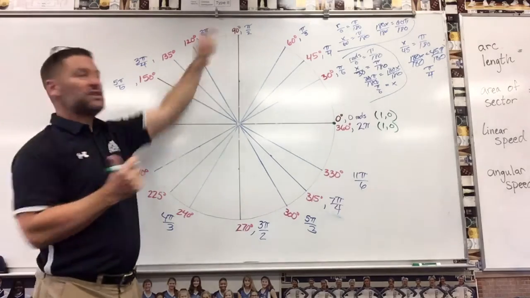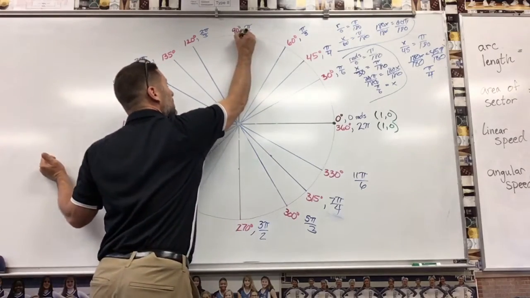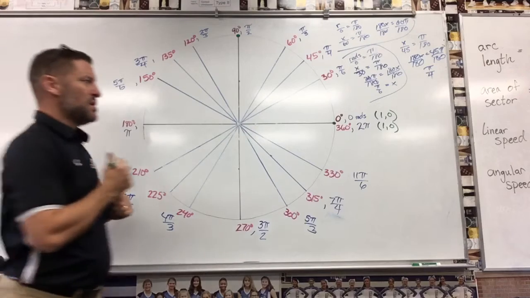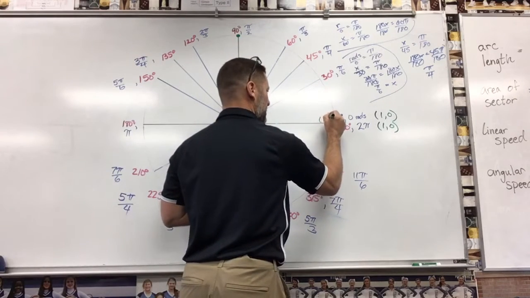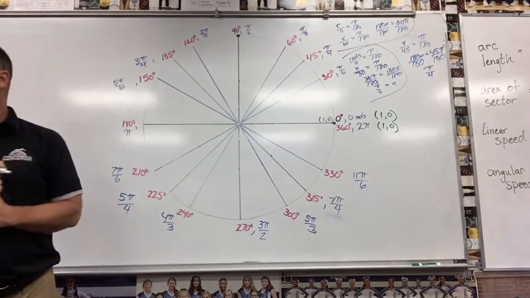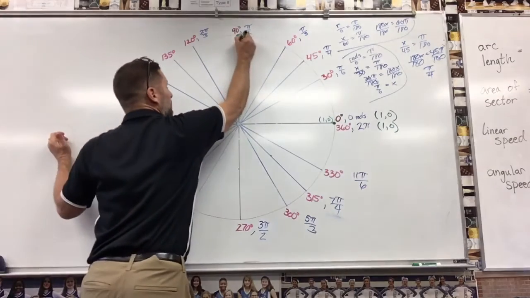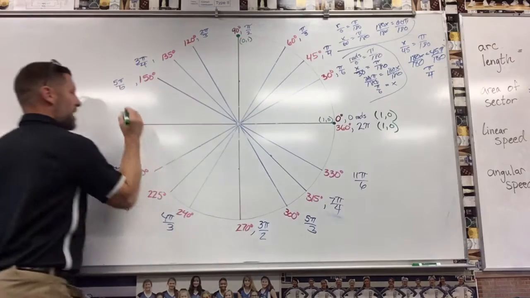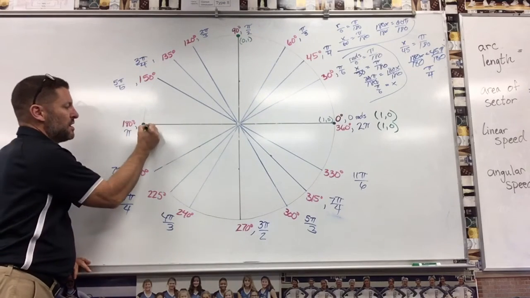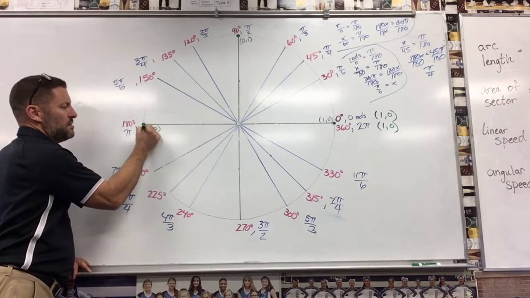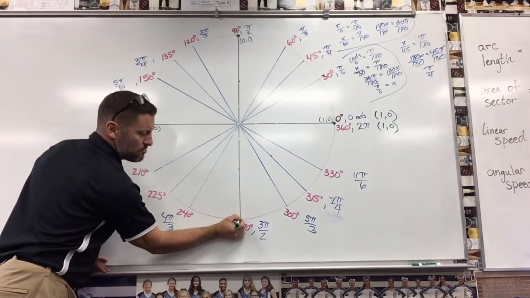What ordered pair corresponds with 90 degrees? I'm going to put them on the inside. You think it's what up there? 0, 1. And over here? -1, 0. And down here?